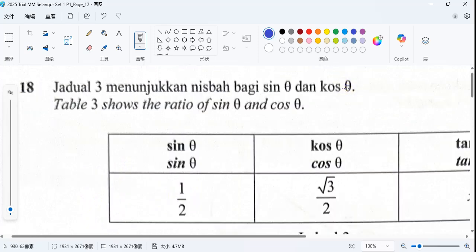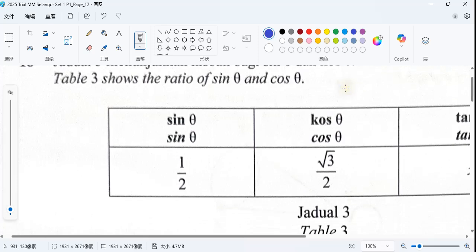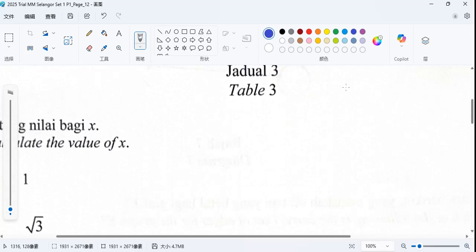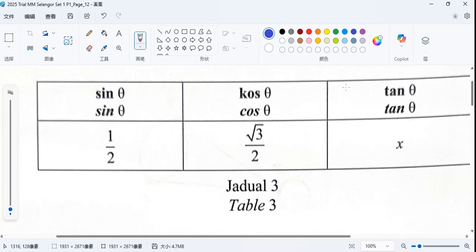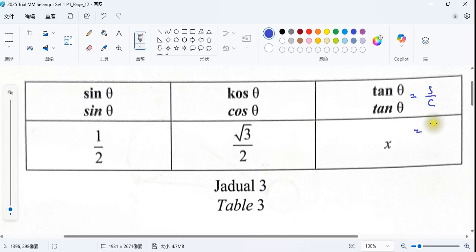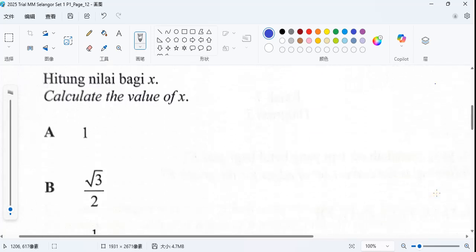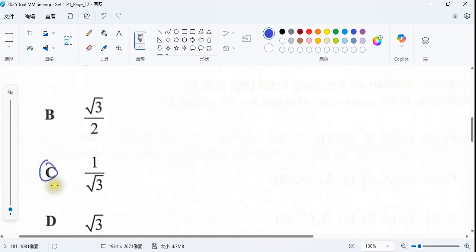Question number 18. Table 3 shows the ratio of sine and cos. Okay, and we want to find the value of x. Okay, so we know that tangent is sine over cos. So it will be half over square root 3 over 2. So it will be 1 over square root 3. Okay, so the answer here is C. But it's better for us to write it as square root 3 over 3.